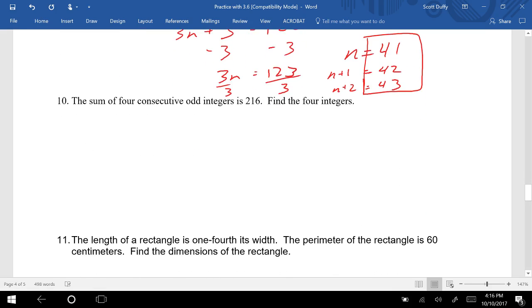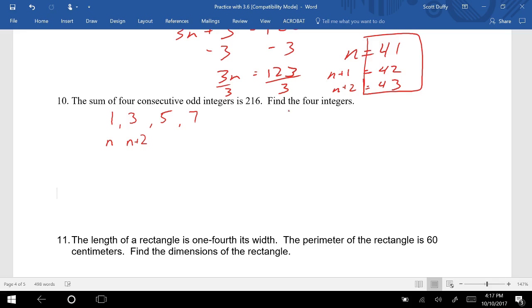Okay, so 4 consecutive odd integers. An example of that would be like 1, 3, 5, and 7. Odd integers that are consecutive. So if 1 is our first number, then 3 is our second number, but we have to add 2 to the original one to get to 3.